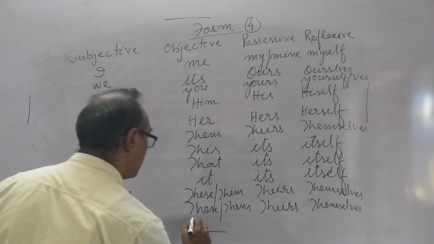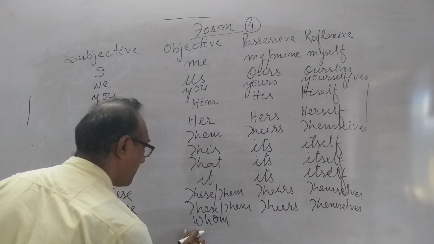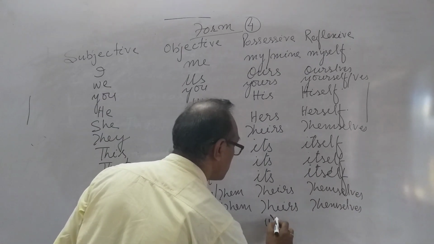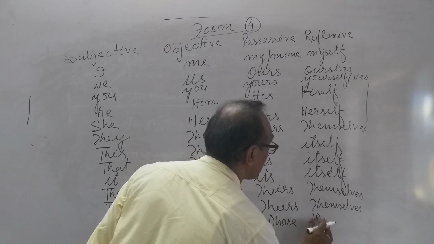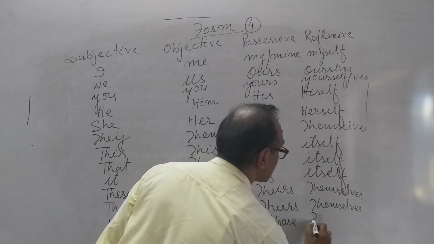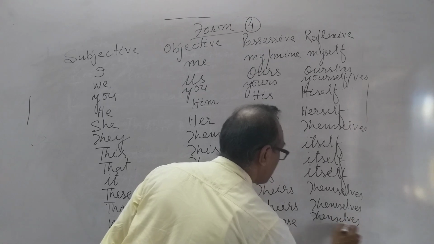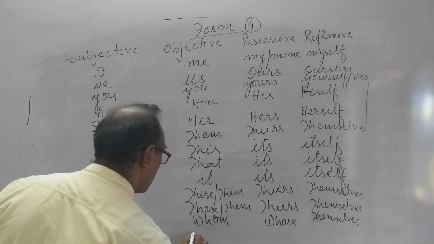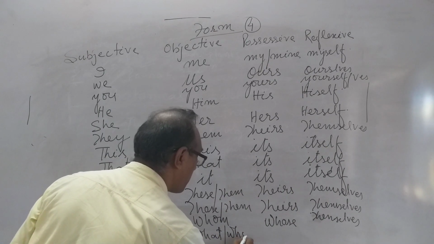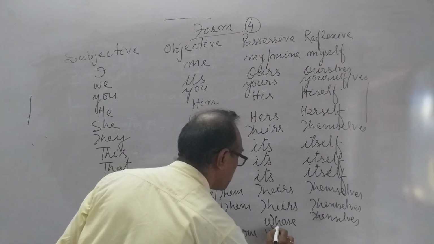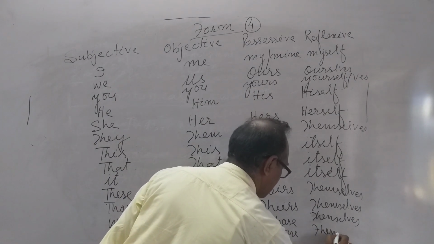For who, it is whom, whose, themselves. For what, it is what or whom, whose and themselves.